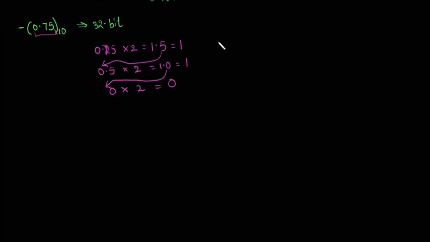We stop it here. Now minus 0.75 base 10 is minus 0.11 base 2. Now we have to convert this into normalized form. What is normalized form?